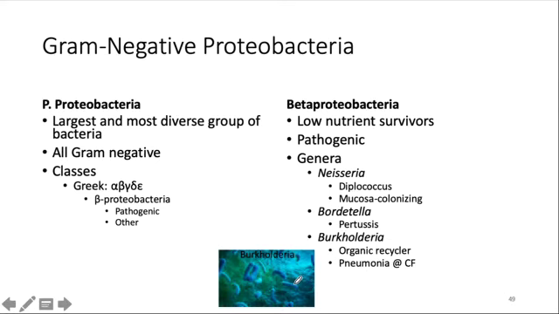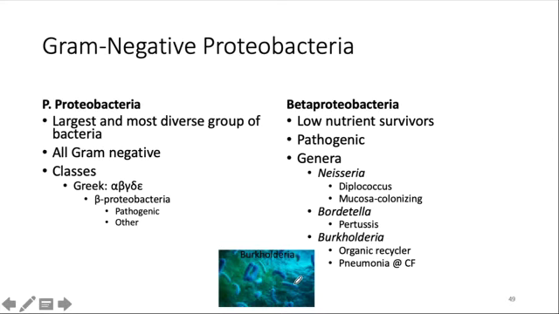Neisseria are diplococci. You find them in areas of the body that have mucus. So in the vagina, they are commonly found there as well when individuals have infections.